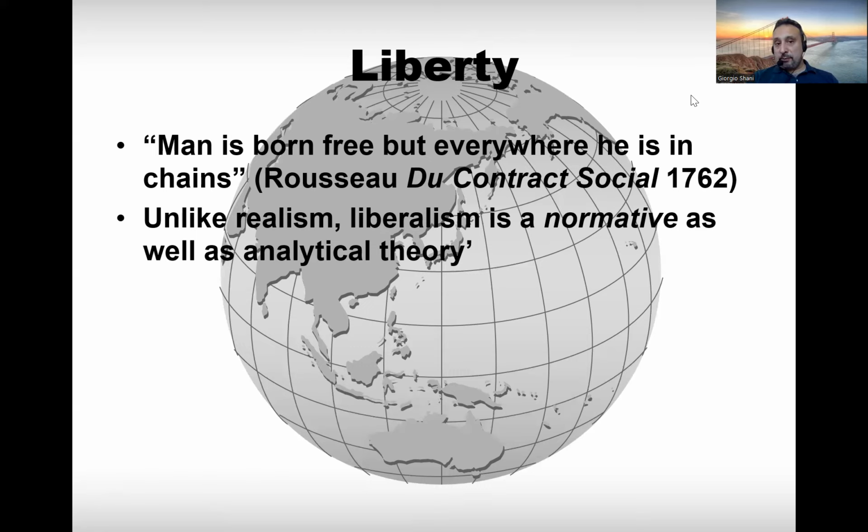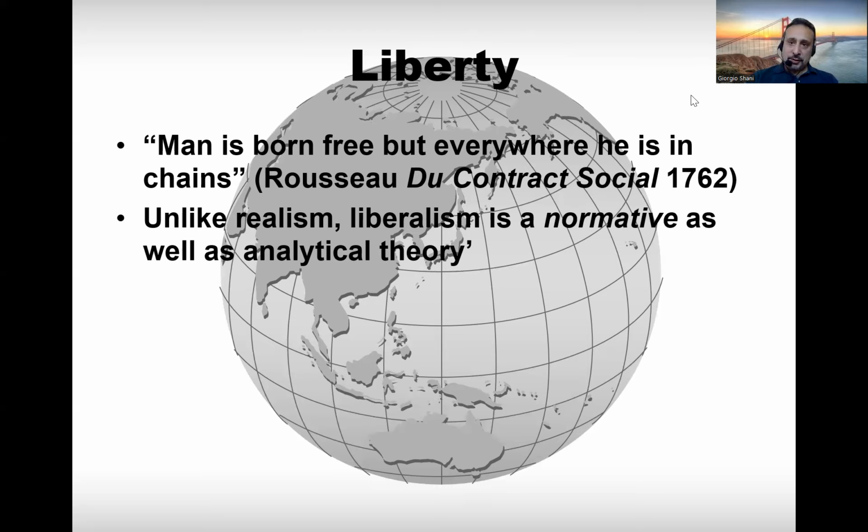So man is born free, meaning man, the individual, is naturally free, has a right to liberty. But everywhere he is in chains, meaning human beings are unfree, even though they are supposed to be free.